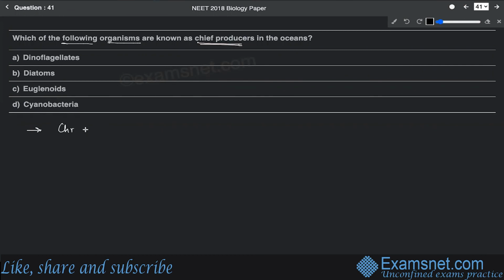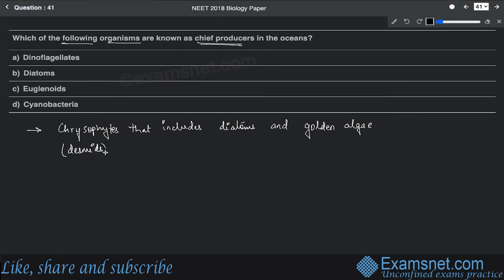So chrysophytes primarily include the members of diatoms and golden algae, which are also known as desmids.